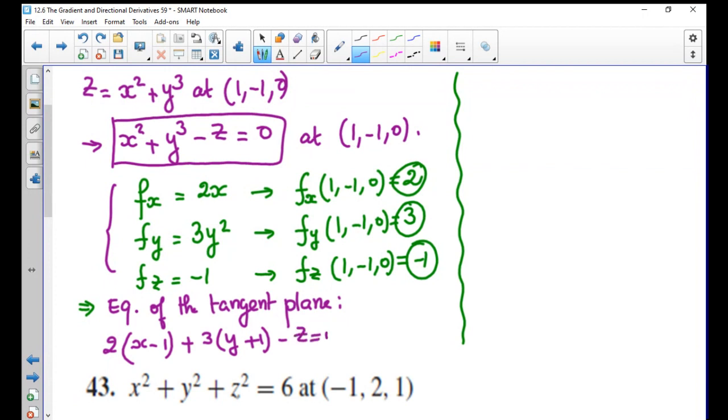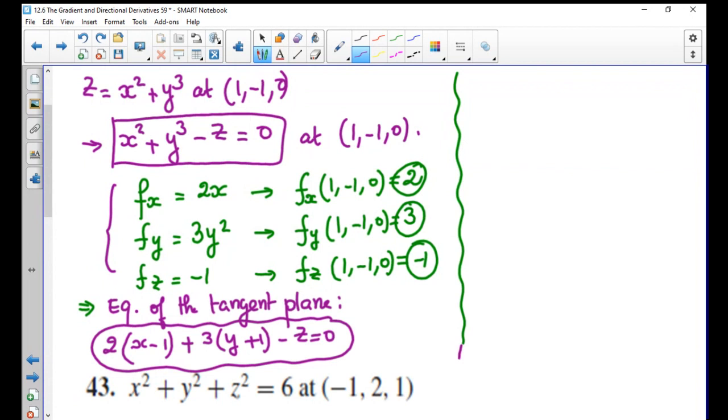So the whole thing will be 2(x - 1) + 3(y + 1) - z = 0. And that is the equation of the tangent plane at the point (1, -1, 0).